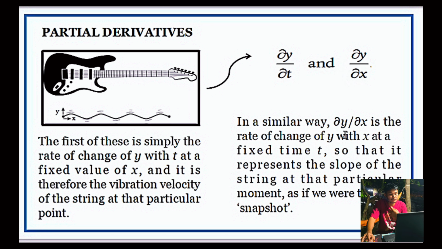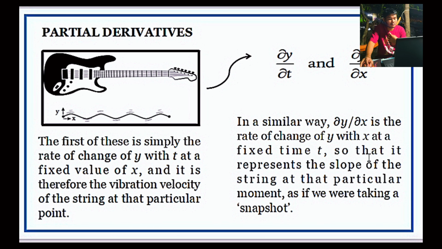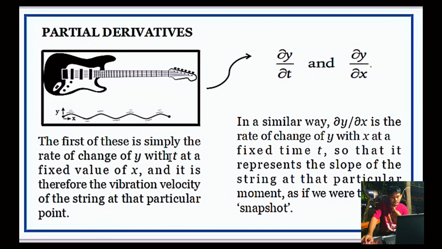In a similar way, the partial derivative of y with respect to x is the rate of change of y with x at a fixed time, so it represents the slope of the string at that particular moment, as if we are taking a snapshot of the string. The partial derivative with respect to t is simply the rate of change of y with t at a fixed value of x, and it is therefore the vibration velocity of the string at that particular point.